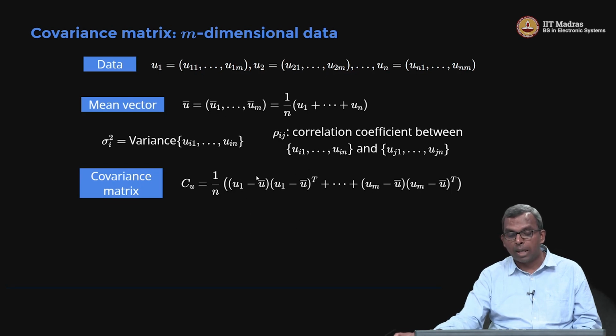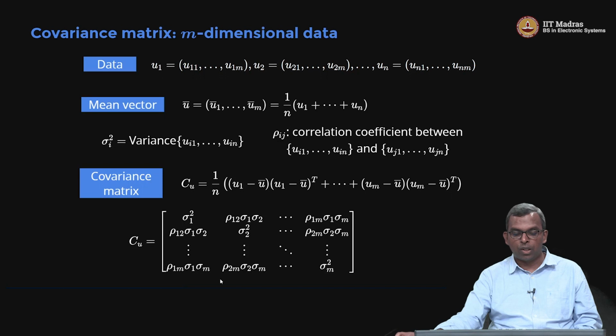So it will be an m cross m matrix. You add several of these m cross m matrices, you will get an overall m by m matrix, and I will divide by n, and that is my covariance matrix. Now if you simplify carefully, I am not doing that simplification, I will leave it as an exercise to you. If you simplify, you will get this.